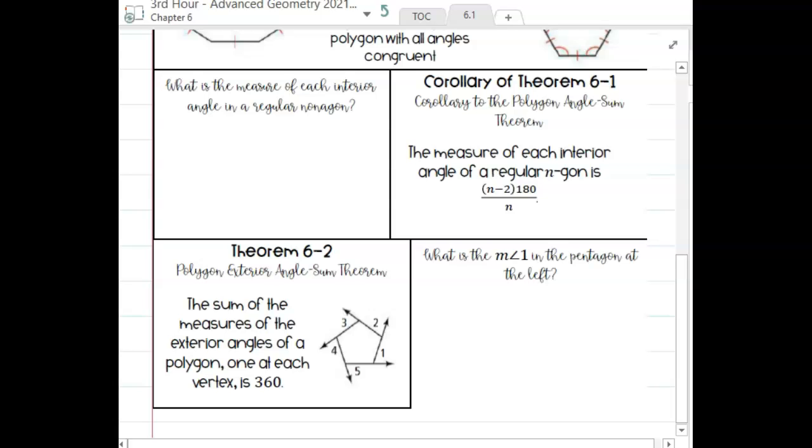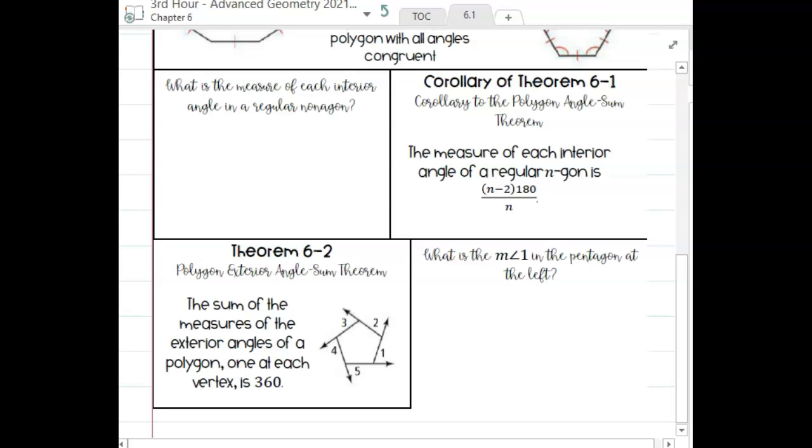So if you add all of the angles in the shape, here's what you get. Now, if it's a regular polygon, I know that all the angle measures are the same because they're congruent. So the corollary to Theorem 6.1 just says, okay, well, if I can find the sum of all the angle measures, if it's a regular polygon, I can just divide and find the measure of one of the angles. And that's exactly what this is doing. Notice this formula looks pretty much the same, right? n minus 2 times 180.